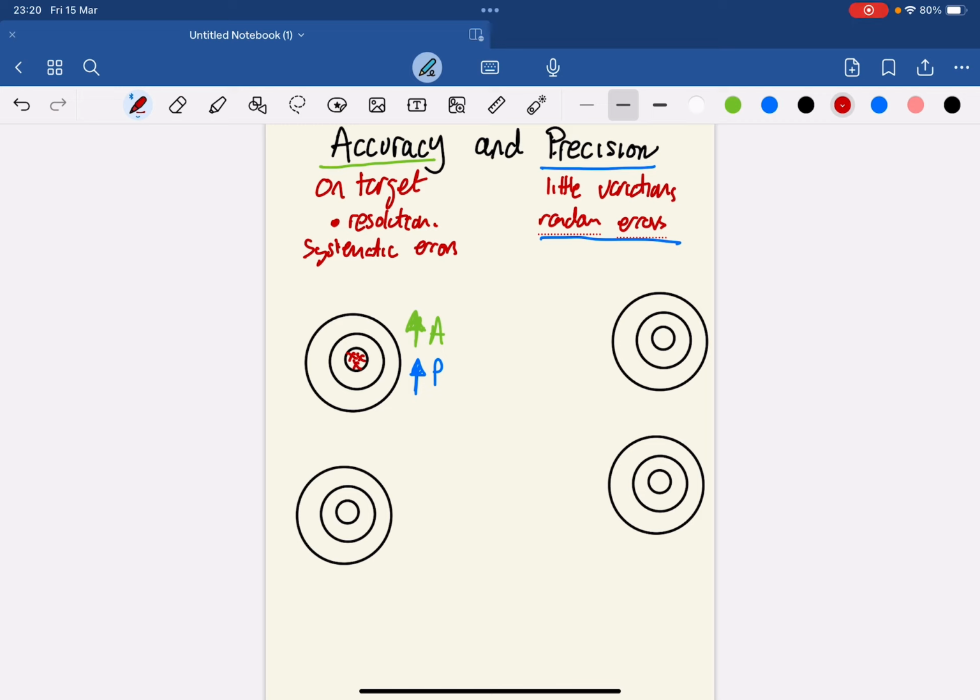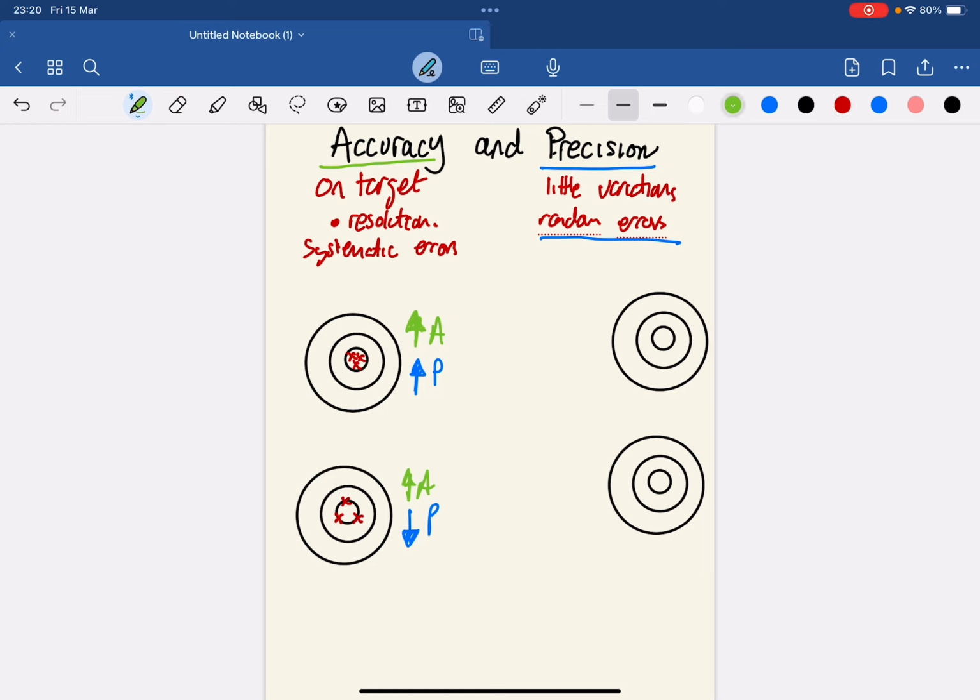You can see they're really close together, so they're precise and they're on target. They've hit the bull. Now, what about if we have a high level of accuracy, but a low level of precision? So they're going to be accurate, so they're going to be near enough around the bull because they're on target, but they're not going to be precise. They're going to be a little bit around that target.